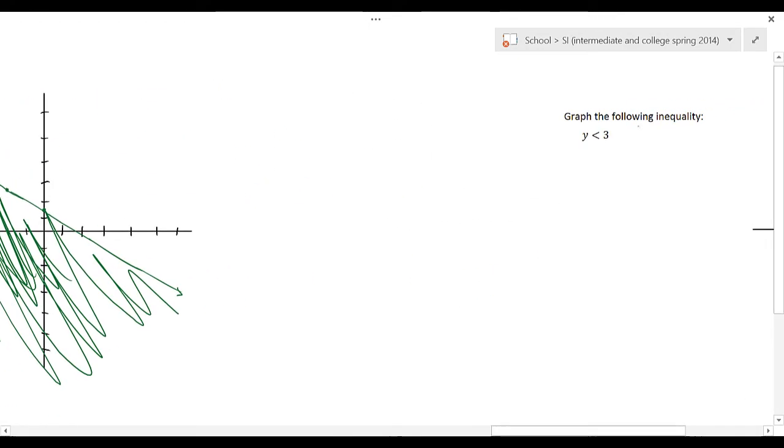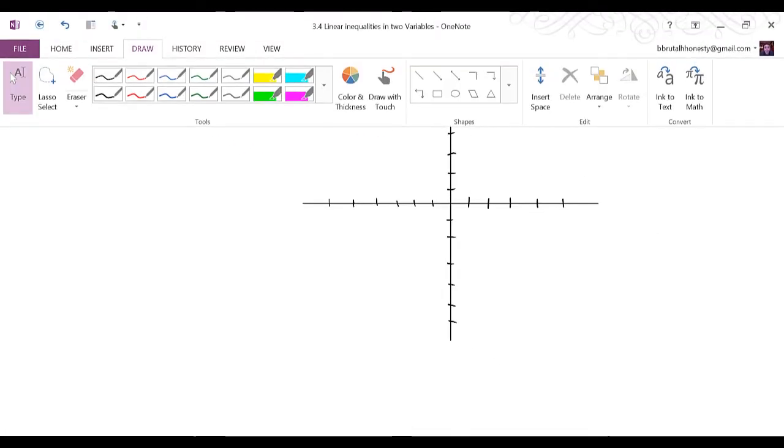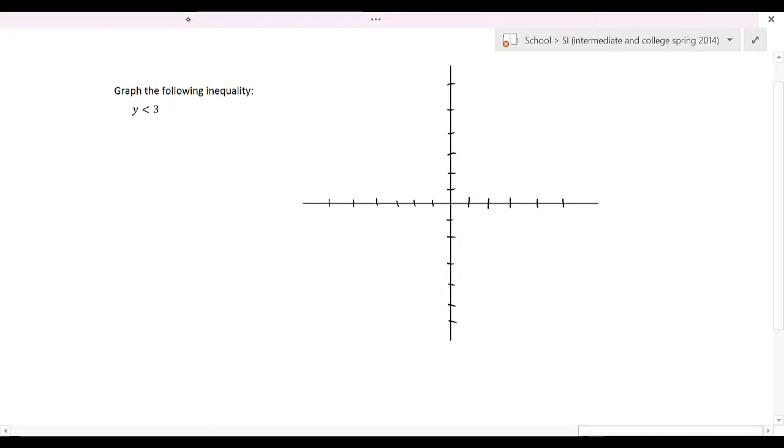Let's go on to our third and final example, where we're asked to graph the inequality y is less than 3. Referring to the information that I gave in our horizontal and vertical lines lesson, we know that, let's say we had the line y equals 3.